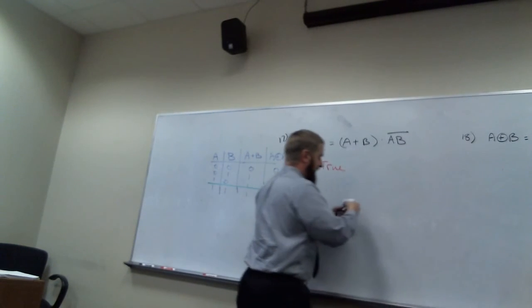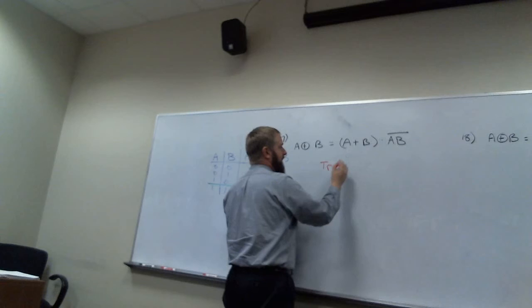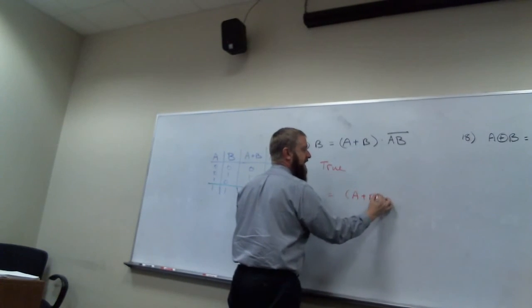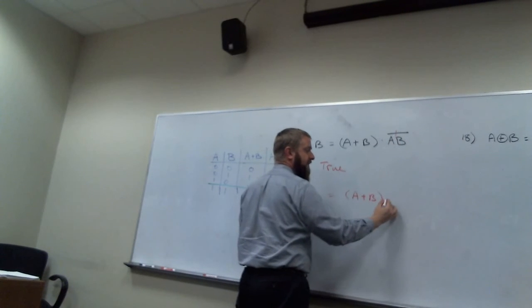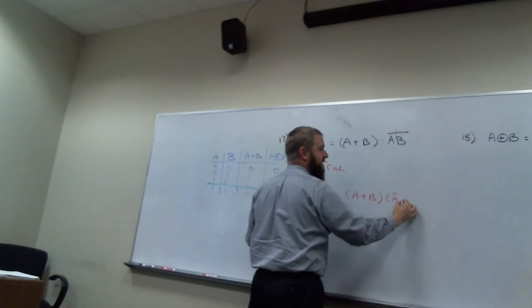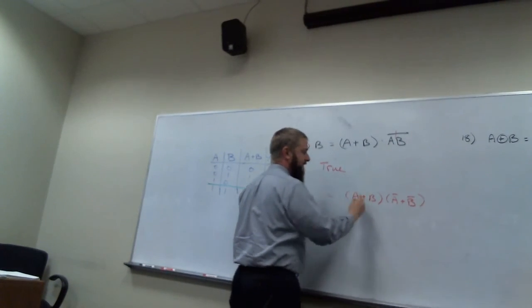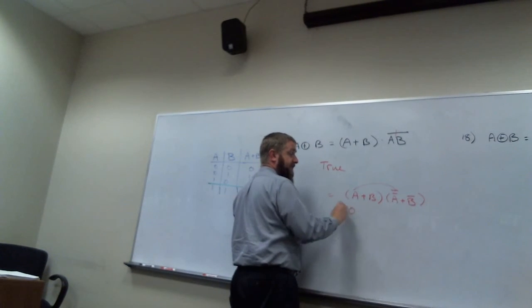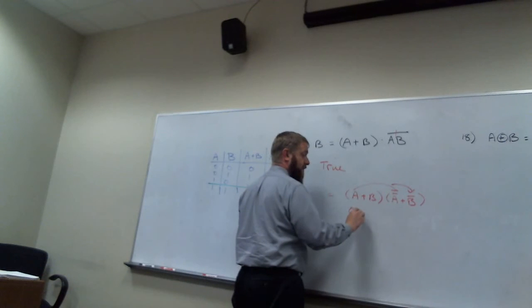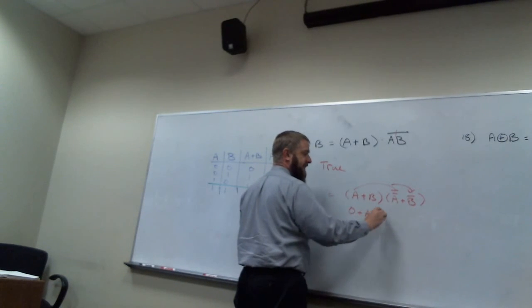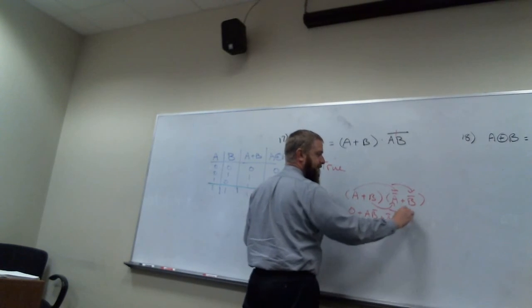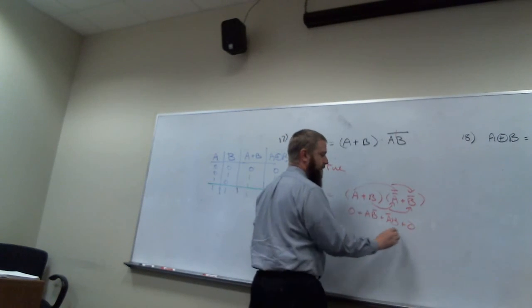And if you believe me, this is true. We can also use techniques that we've been practicing. A or B applied to De Morgan's law would give me A not or B not. Distribute. A and A not is 0, or A B not, or A not B, or 0.